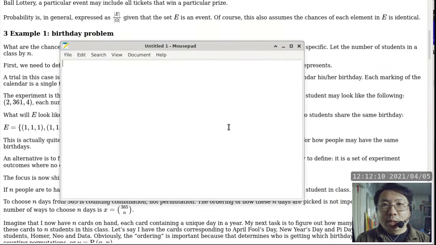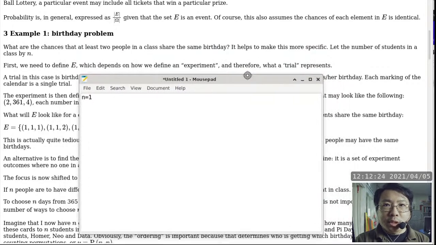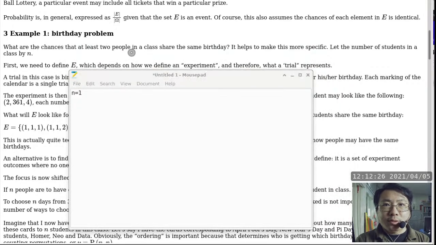So we think about cases where n equals 1. In other words, we have a class of only one person. And the question is, what are the chances of at least two people in the class sharing the same birthday? Well, what do you think is the answer?